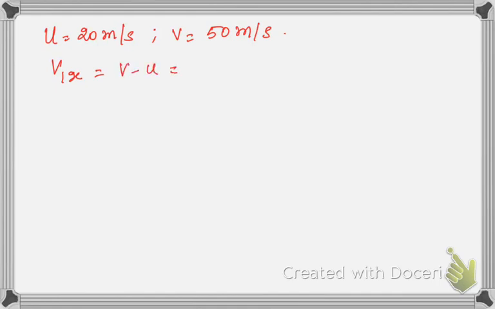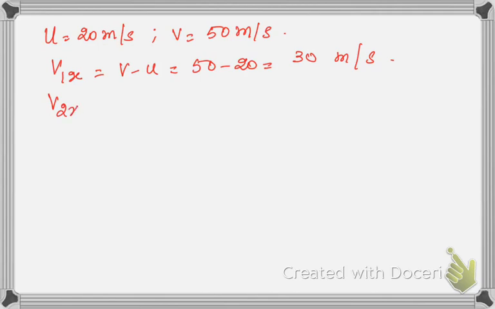Here in the problem the vane velocity is given as 20 meter per second, which is my U value, and the jet velocity is 50 meter per second. So the initial velocity, since both the water and the vane are moving, is V minus U. So 50 minus 20 is equal to 30 meter per second.